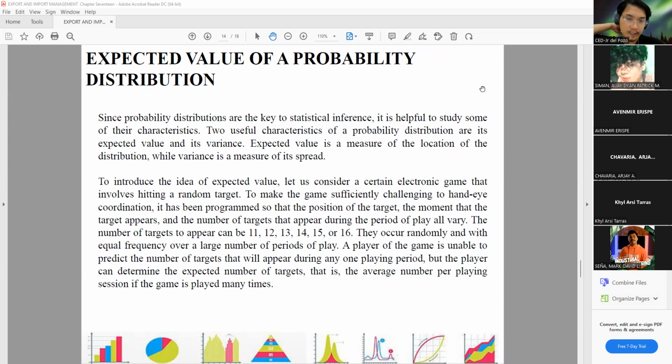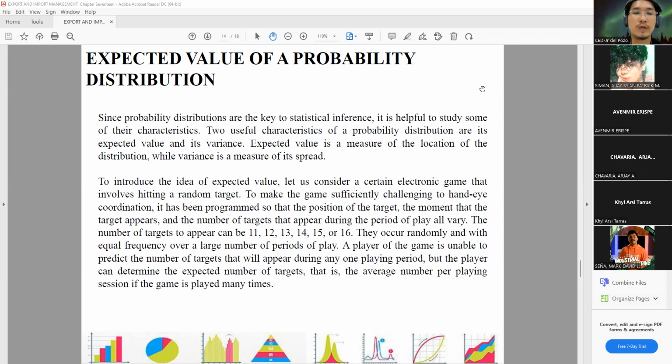To introduce the idea of the expected value, let us consider an electronic game that involves hitting a random target. To make the game sufficiently challenging to hand-eye coordination, it is programmed so that the position of the target, the moment that the target appears, and the number of targets that appear during the period of play all vary. The number of targets to appear can be 11, 12, 13, 14, 15, or 16.